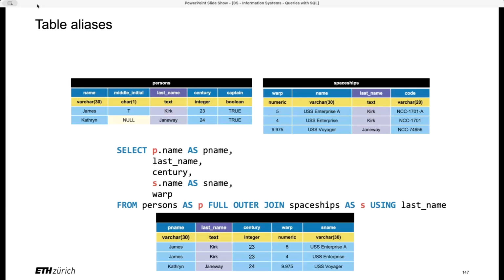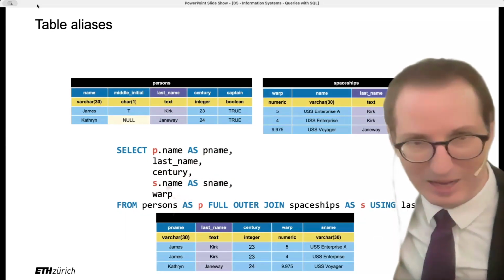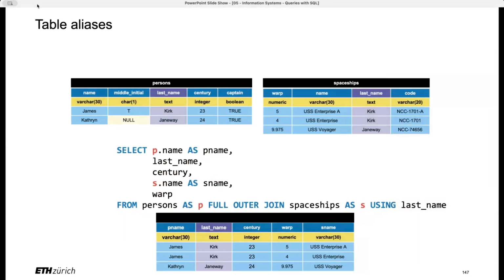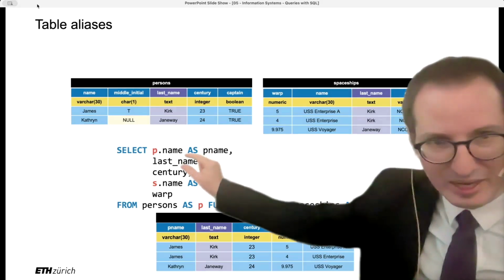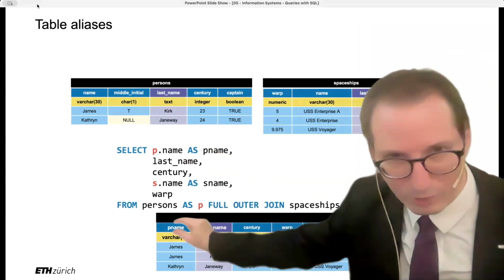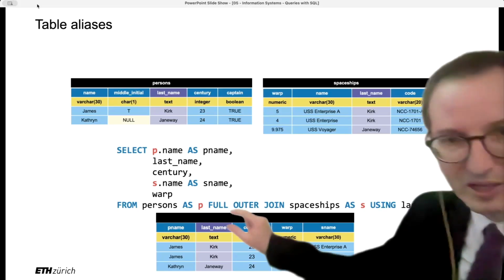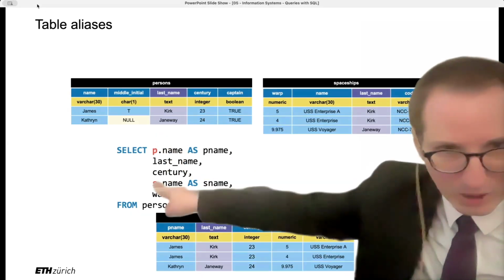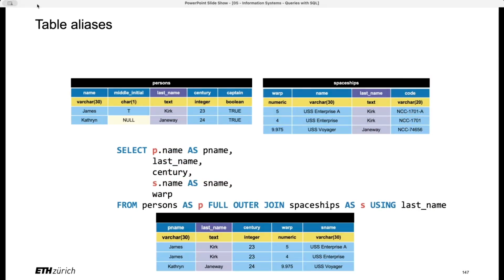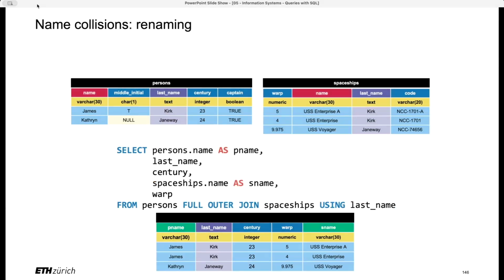And these names, p and s, you can use them in here, right? You can say p.name and s.name right here, okay? So it's exactly the same mechanism. You can rename attributes, and you can also rename the tables here. You won't see it in the output, but that allows you to write shorter queries.